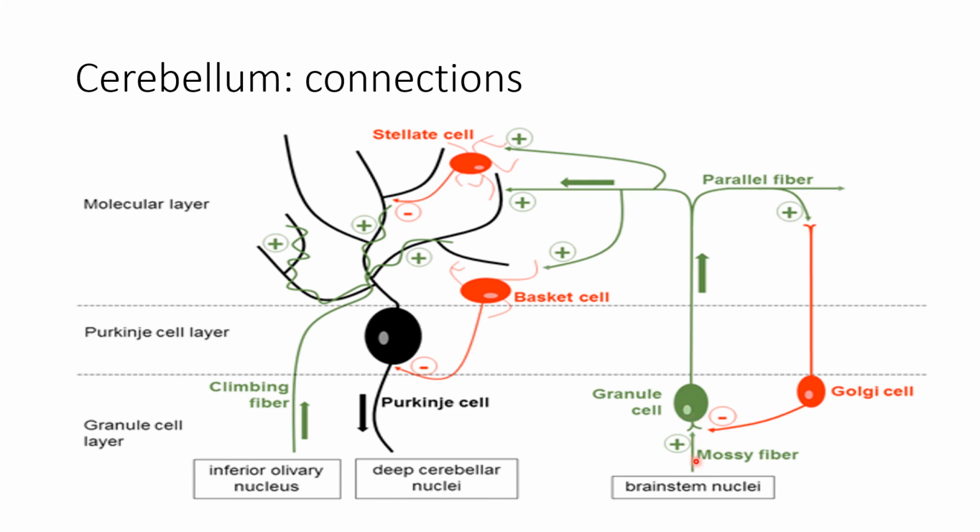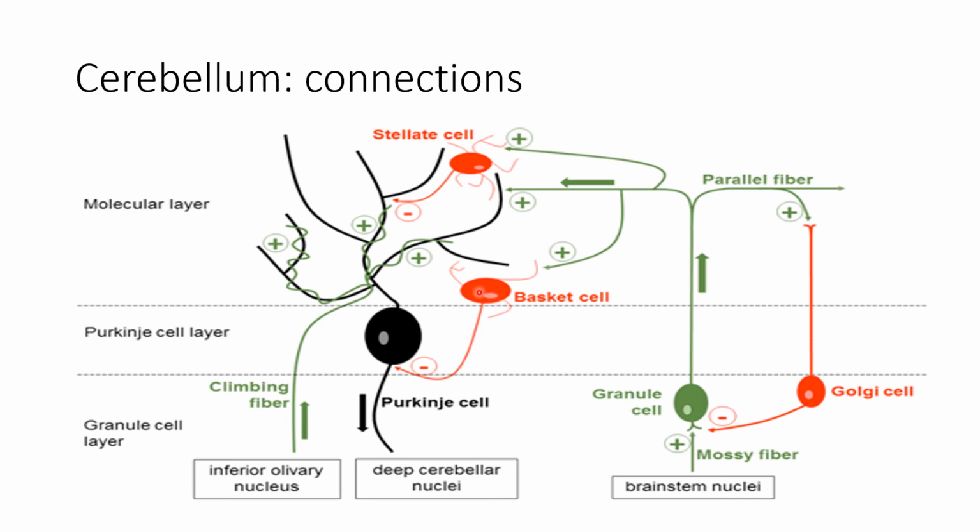They make connections with the granule cell dendrites, the Golgi cell axon, and the mossy terminal. These three together form the glomerulus, which is encapsulated by neuroglial cells.